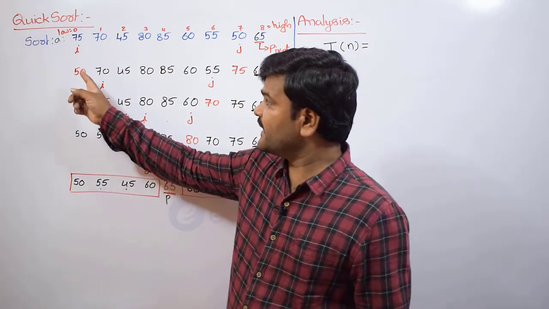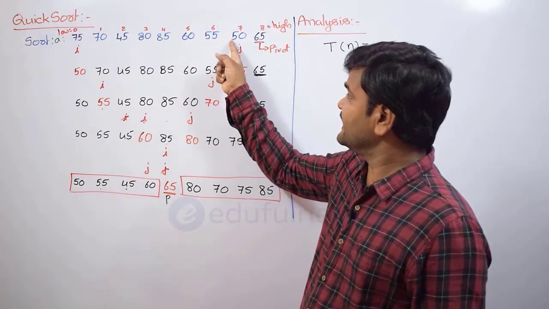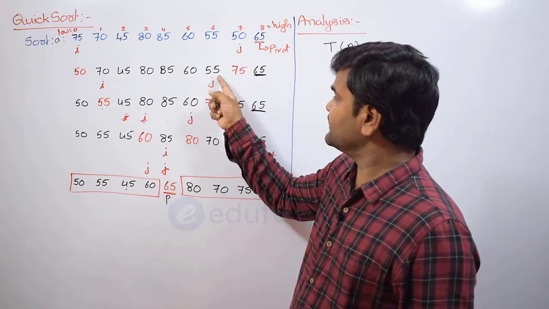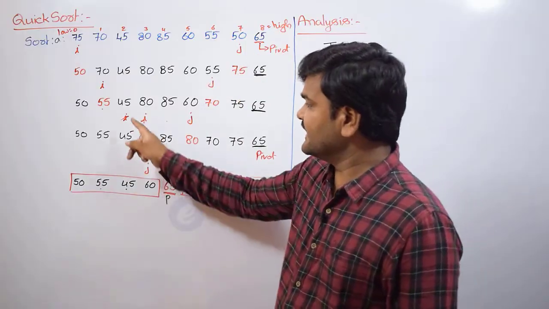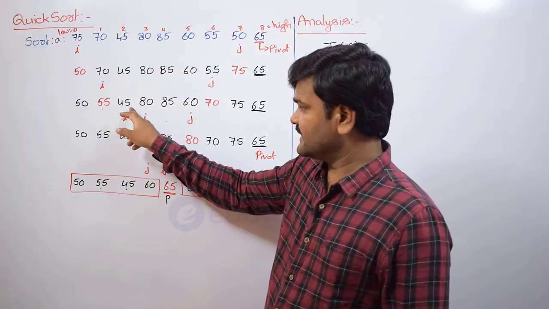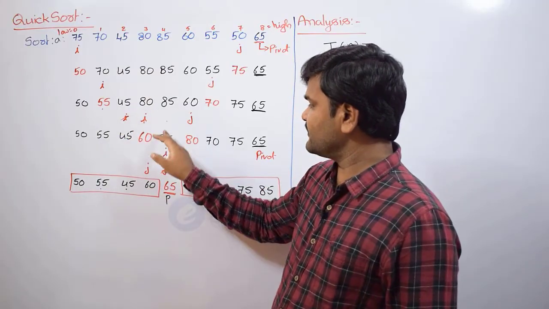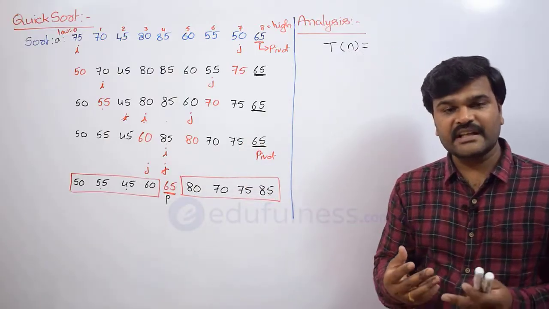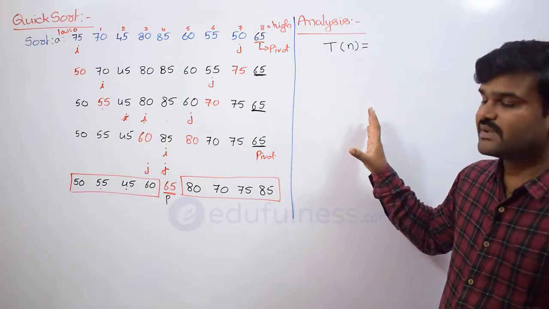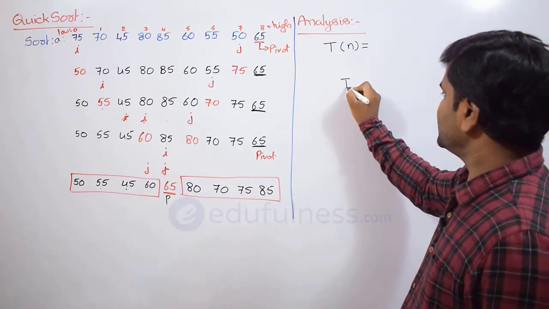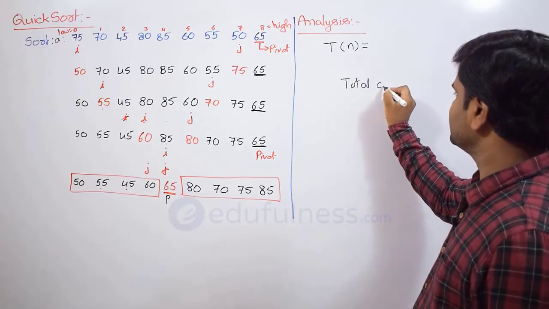Every element you compared: 75, 50, 70, 55, then 45, maybe a swap did not happen but you compared, and 80, 85, and 60 were compared. So how many comparisons did you do overall? That is what you have to tell. Total comparisons, how many?